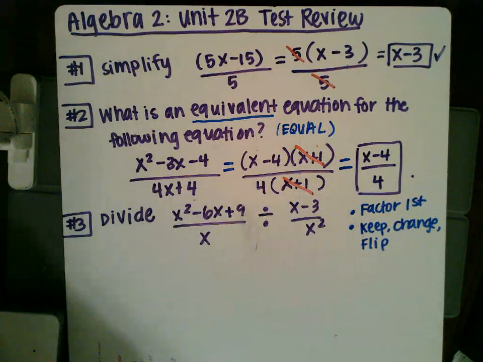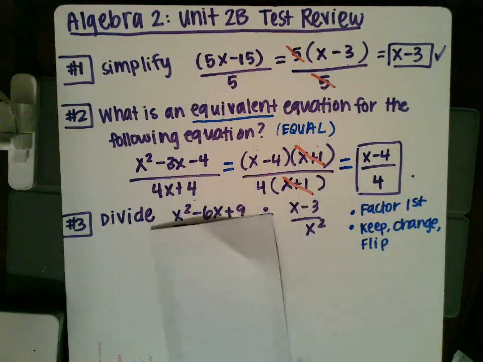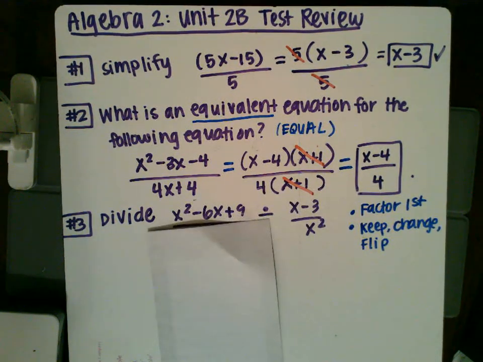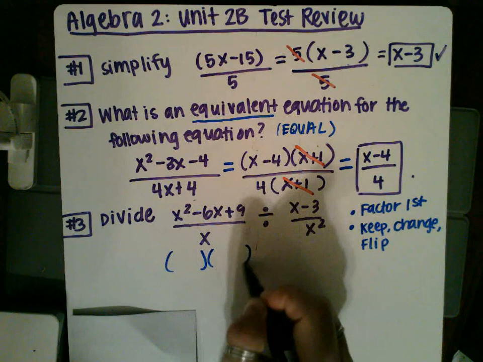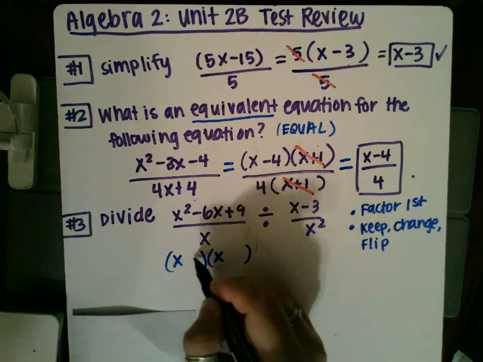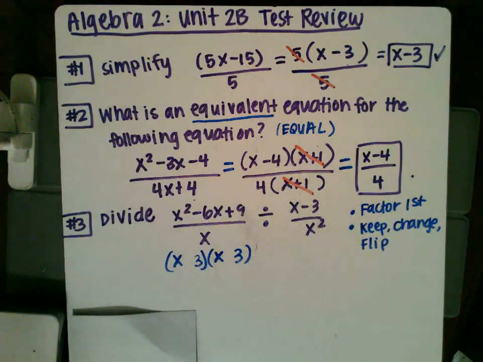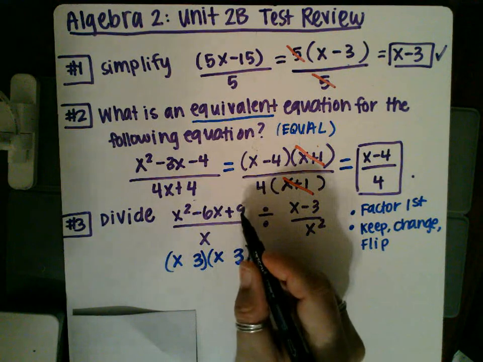And I notice as I'm going from left to right, as we do, even covering up the denominator, x squared minus 6x plus 9 can be factored, right? I need factors of 9 that add up to 6. That is going to be 3 times 3, right? 3 times 3 is 9.